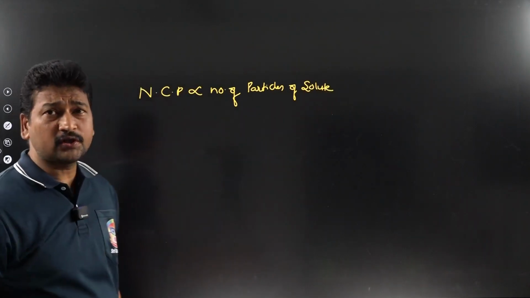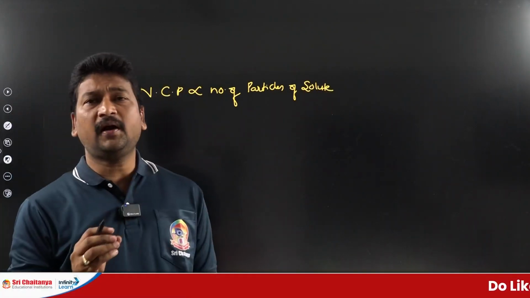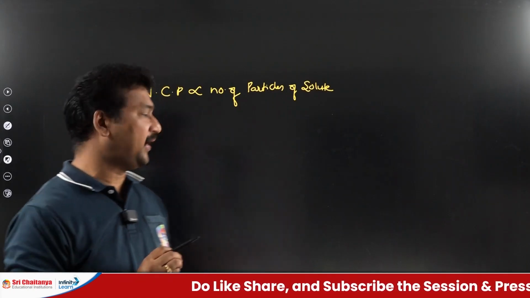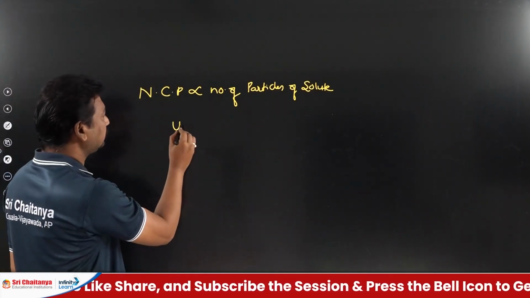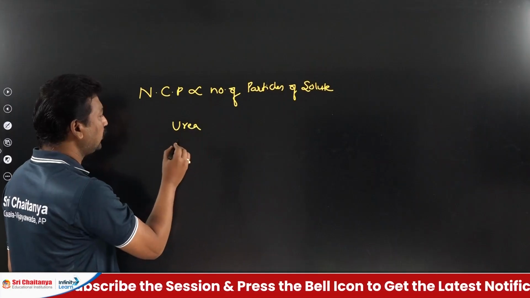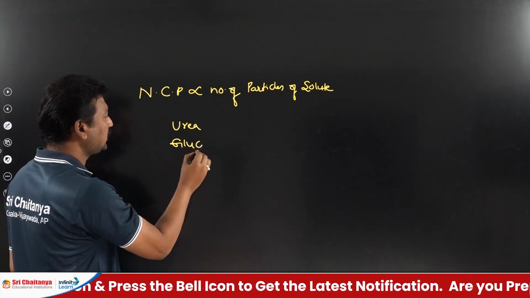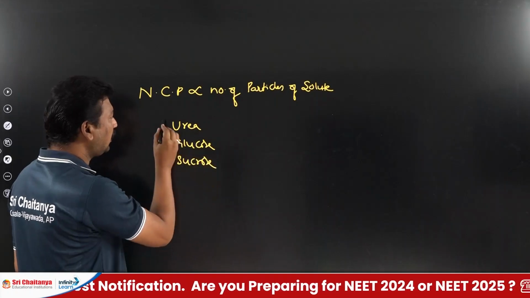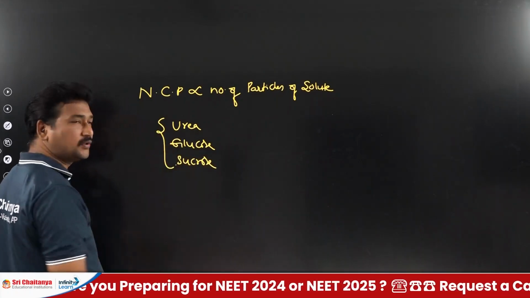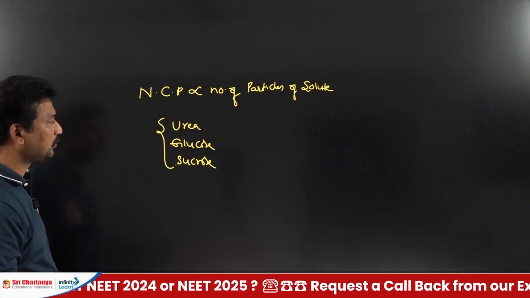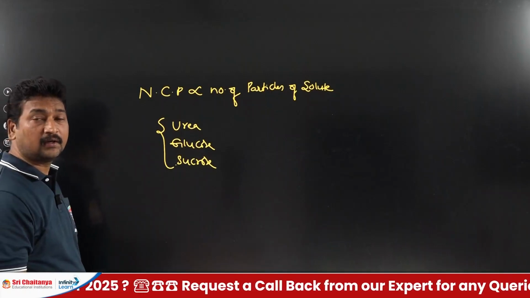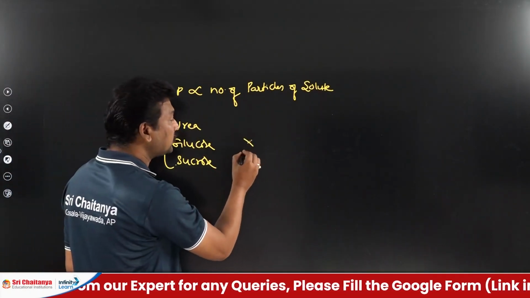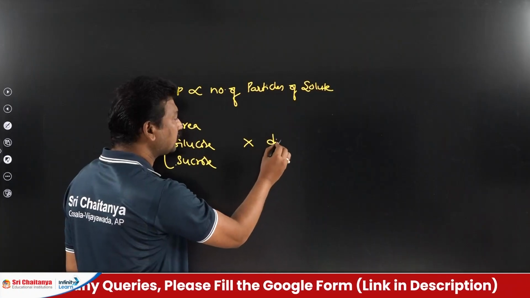Dear students, this holds very well for non-electrolytic, non-volatile solutes like urea, glucose, sucrose, and so on. Non-electrolytic, non-volatile solutes do not undergo either association or dissociation.